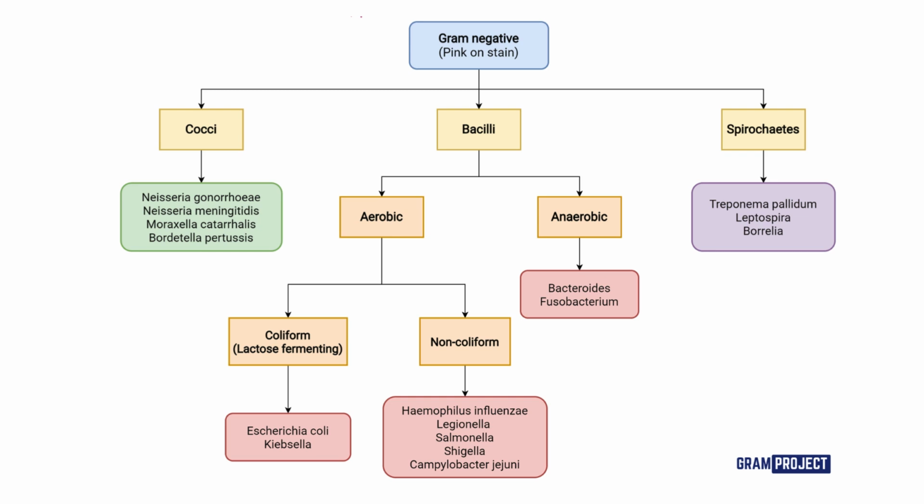Aerobic can be further classified as coliform and non-coliform, or lactose fermenters and non-lactose fermenters. Lactose fermenters are E. coli and Klebsiella. Non-lactose fermenters are H. influenzae, Legionella, Salmonella, Shigella, and Campylobacter jejuni. Anaerobic can be Bacteroides and Fusobacterium. And spirochetes are Treponema pallidum, Leptospira, and Borrelia. We'll come to the details of each of these in a while.